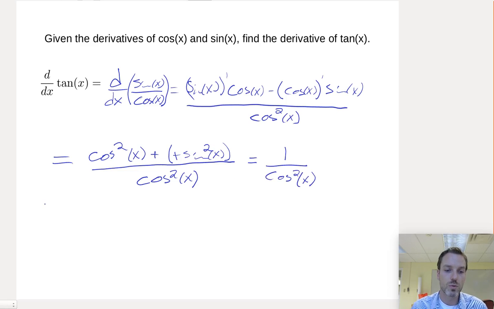Okay, we're almost done. You could write it as 1 over cos x squared. Now 1 over cosine is just the secant of x, and this is all squared. So in total, the derivative of tan is equal to secant squared.